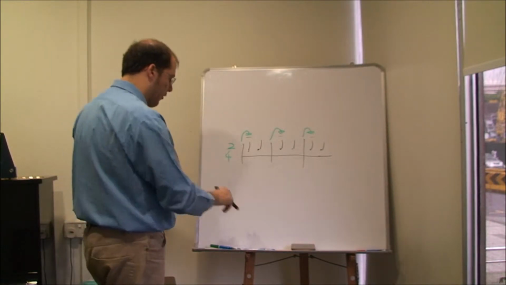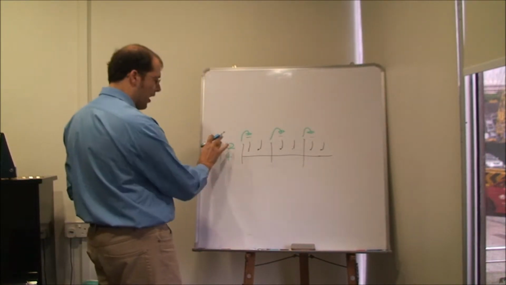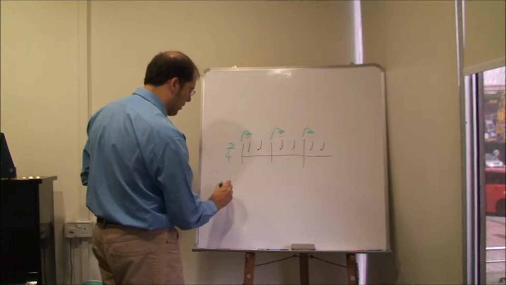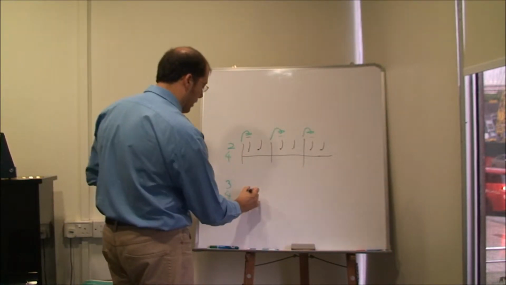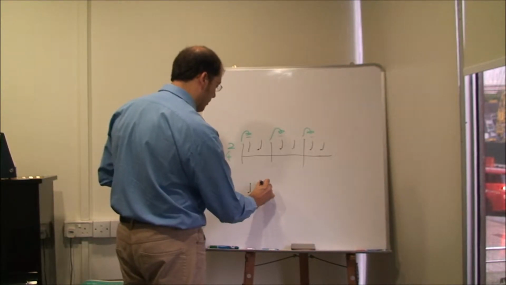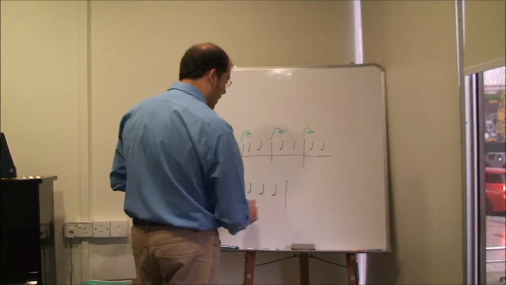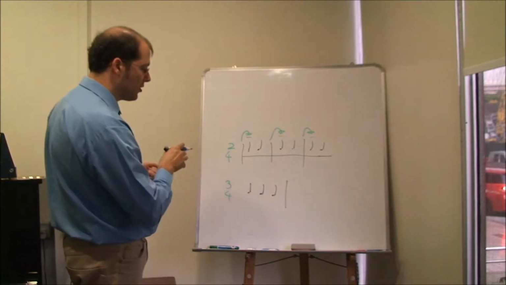So we can have different variations of that. We can have 2 crotchet beats. We could have 3 crotchet beats. So then it would be like this, 1, 2, 3. But when we're talking about beats, it's not just the notes.